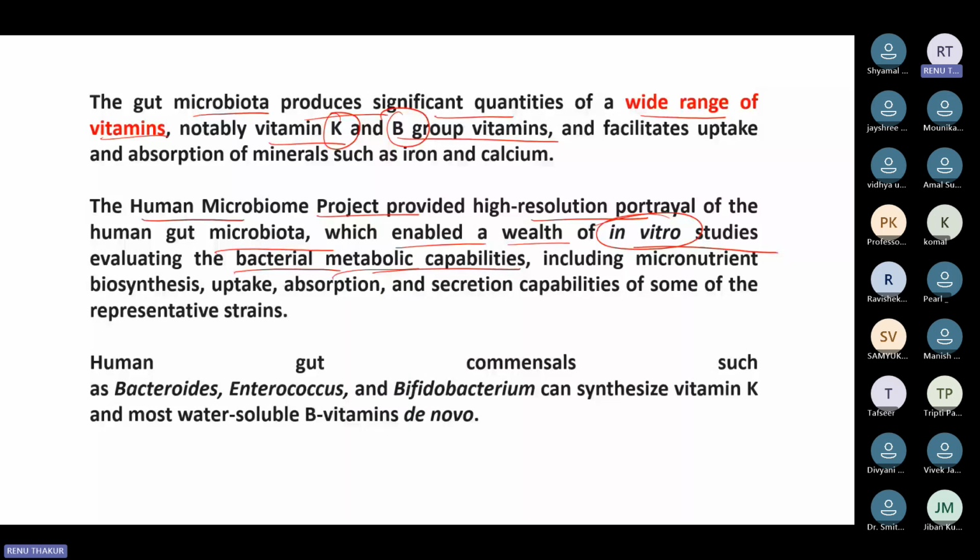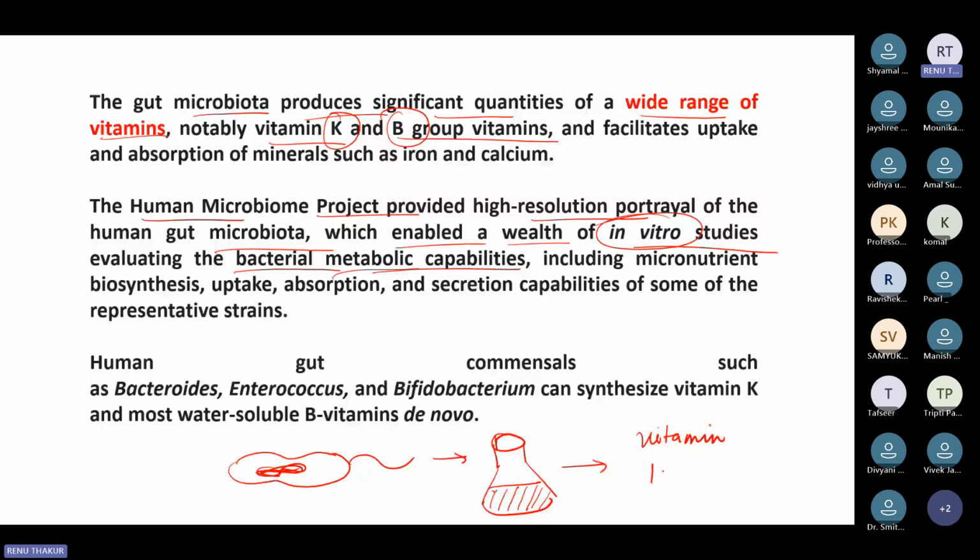If this is a bacteria, and it is cultured in a nutrient, whether they are able to synthesize vitamin K, vitamin B. If they are able to synthesize, then they transfer this bacteria into an in vivo model, let's say mice. And then if it is producing the same thing, then you need the third level of trial, that is in human subjects.